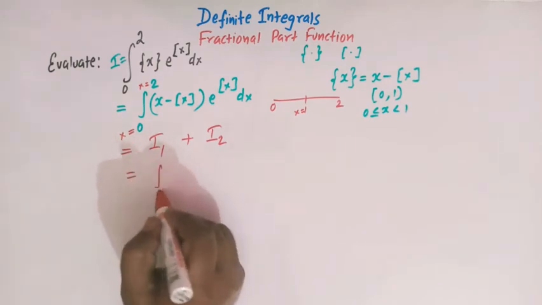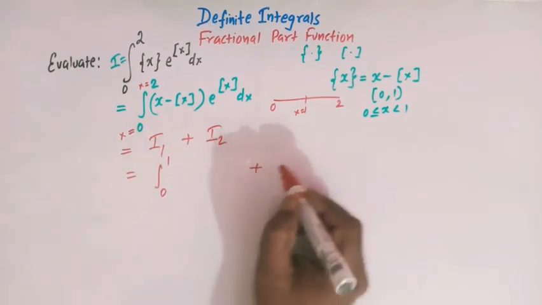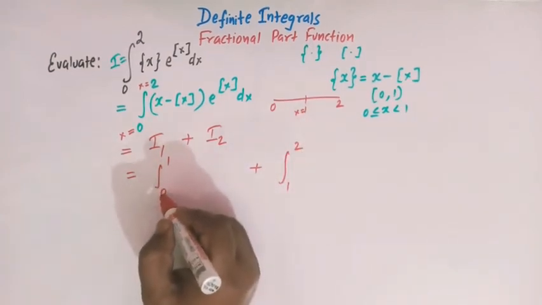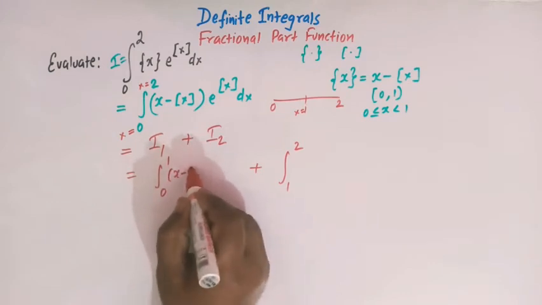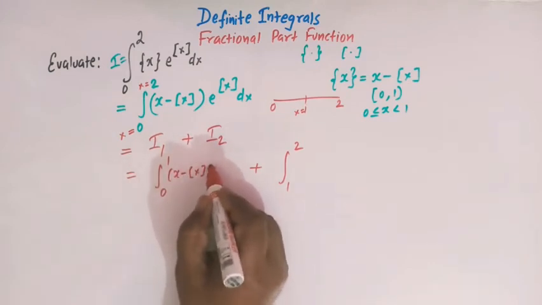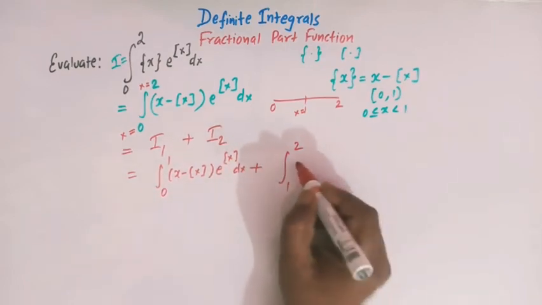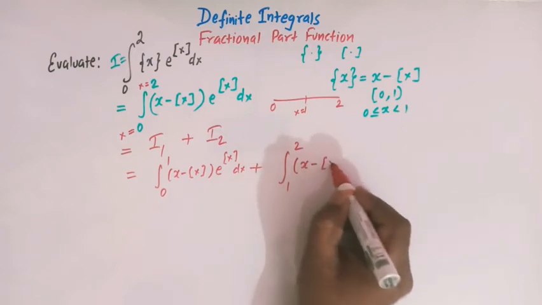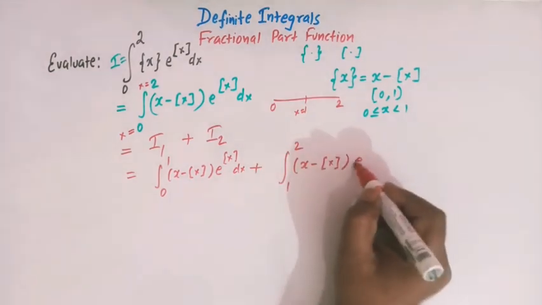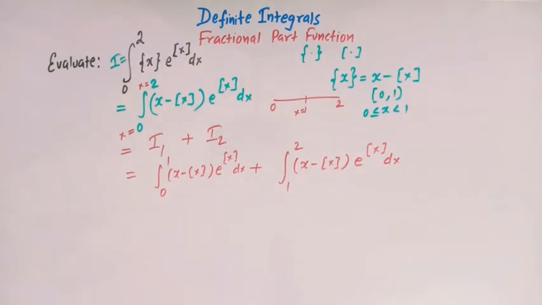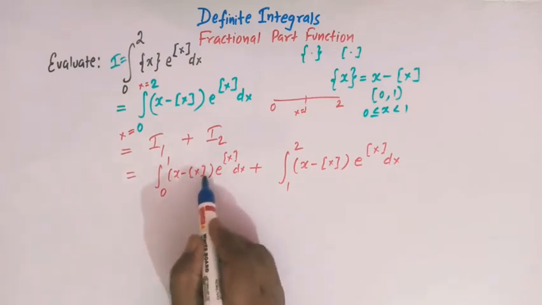I1 is from 0 to 1 and I2 is from 1 to 2, and in both we have x minus greatest integer of x times e raised to greatest integer of x dx.